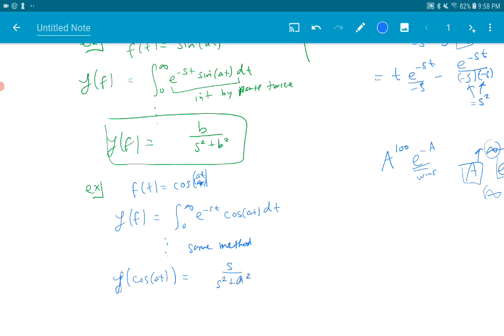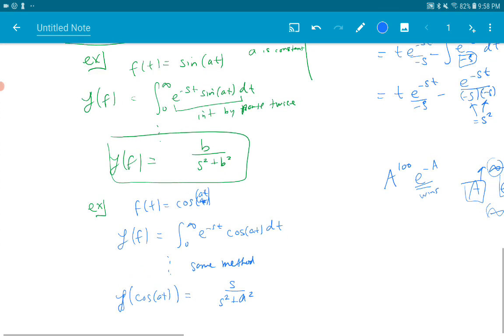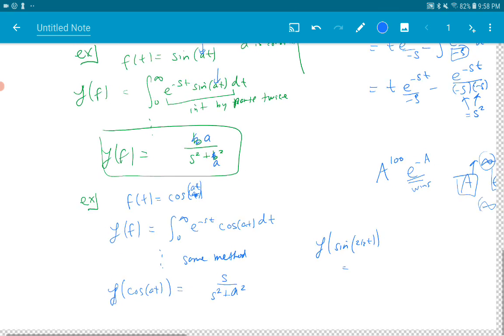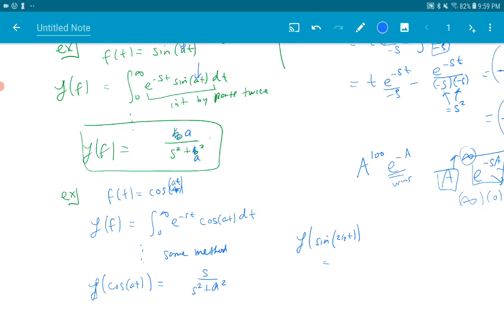I'm sorry, why did I write b up here? The sheet I'm looking at had b in it, but this was a. I apologize. A is the frequency in the sine function. So for example, if I ask you for the Laplace transform of sine of 2/3 t, using this formula for sine, you would get 2/3 over s squared plus 2/3 squared, which would be 2/3 over s squared plus 4/9.